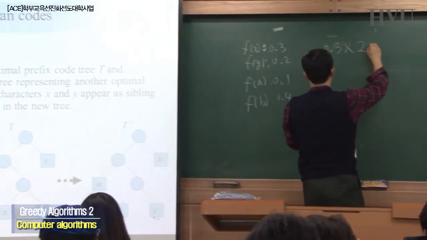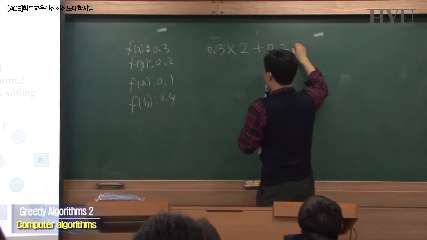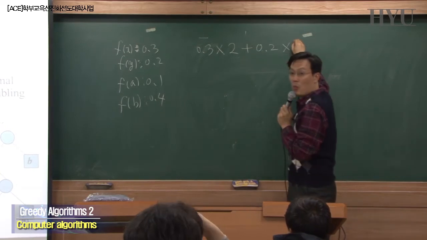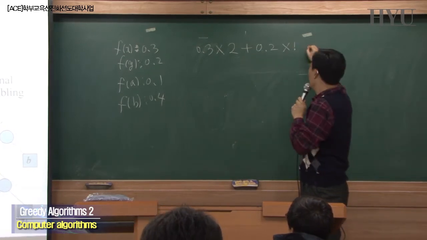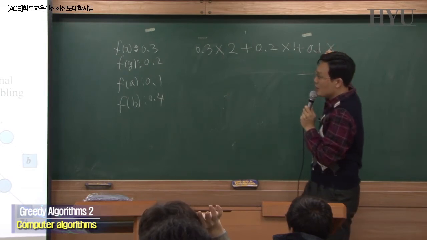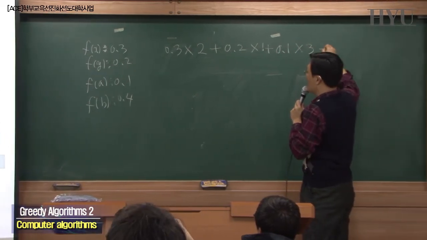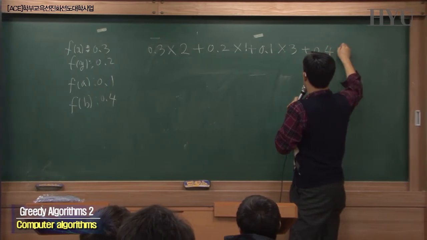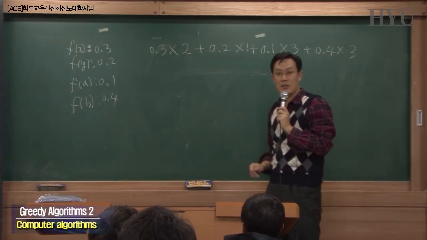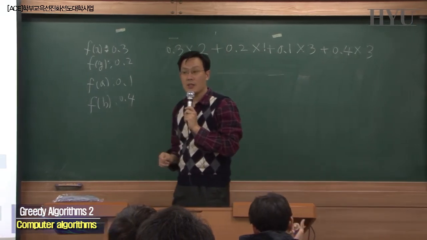And then the frequency of y times 1, and the frequency of a times 3, and frequency of b times 3. Yes, this is the cost of the tree.